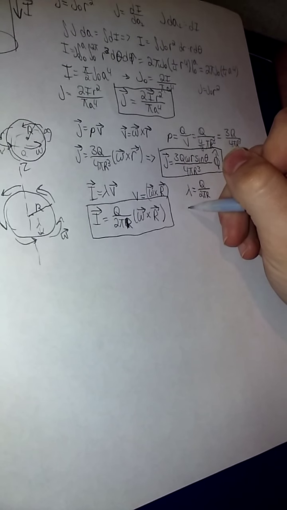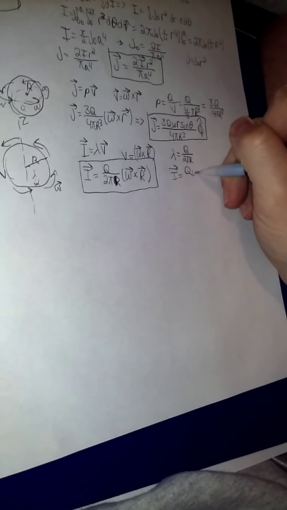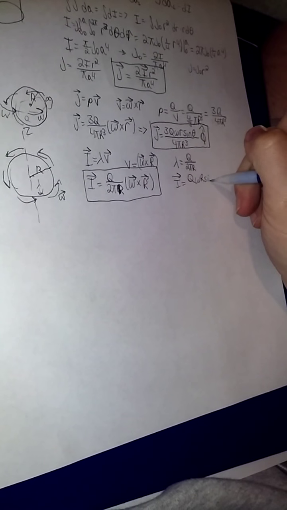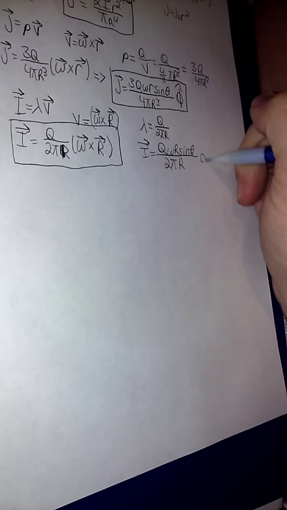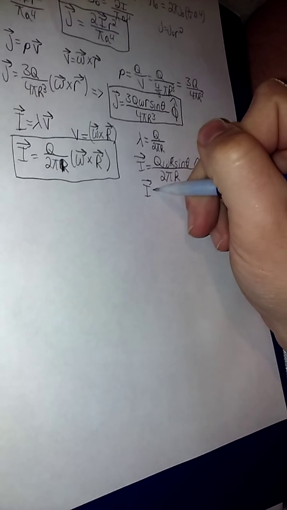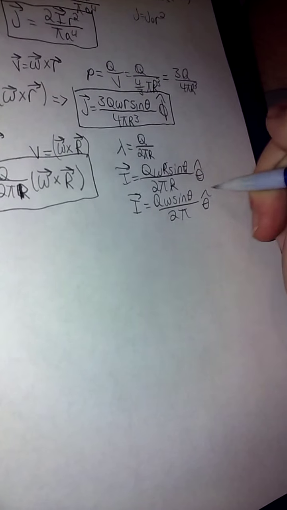However, if we were to go any further with theta, we have Q omega R sine theta over 2 pi R in the theta hat direction. The R's would cancel, and I would be Q omega sine theta over 2 pi in the theta hat direction.